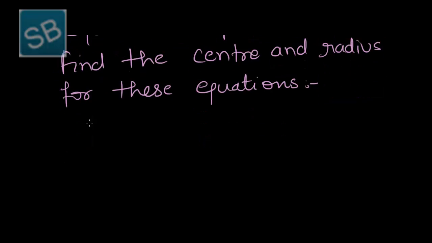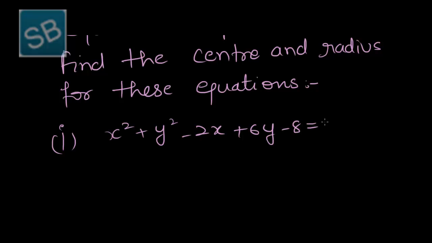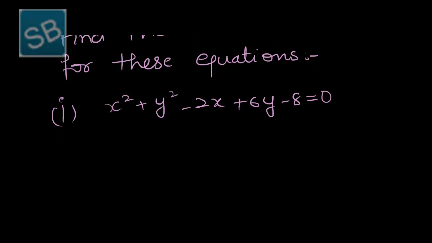So the first part is, the equation is x square plus y square minus 2x plus 6y minus 8 is equal to 0. The first point, coefficients of x square and y square are equal and equal to 1, and there is no product term xy. So this equation will represent a circle if g square plus f square minus c is greater than 0.